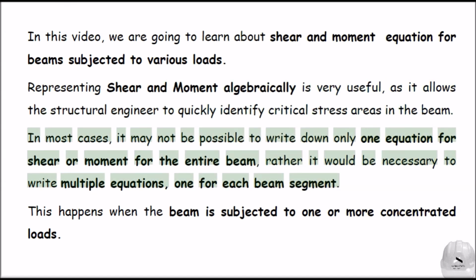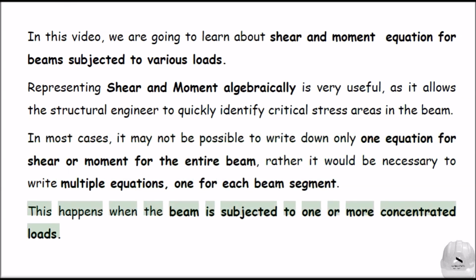In most cases, it may not be possible to write down only one equation for shear or moment for the entire beam. Rather, it would be necessary to write multiple equations, one for each beam segment. This happens when the beam is subjected to one or more concentrated loads.